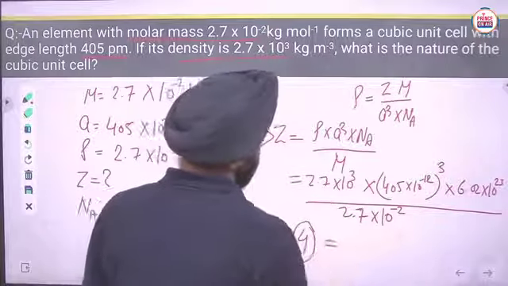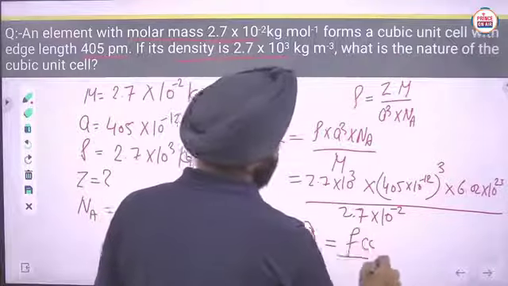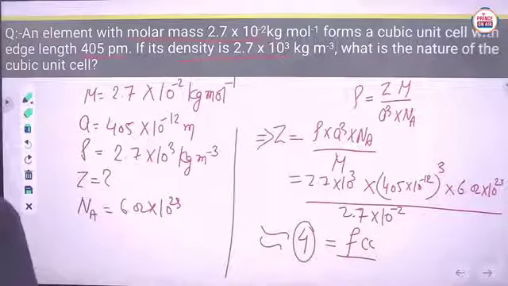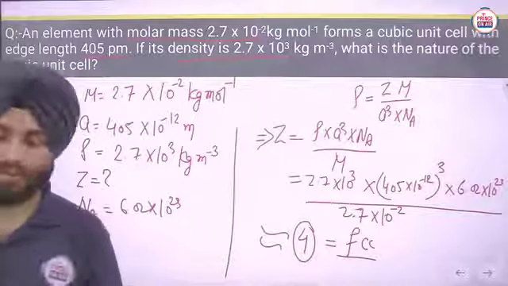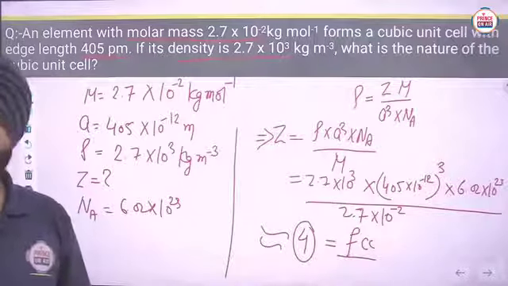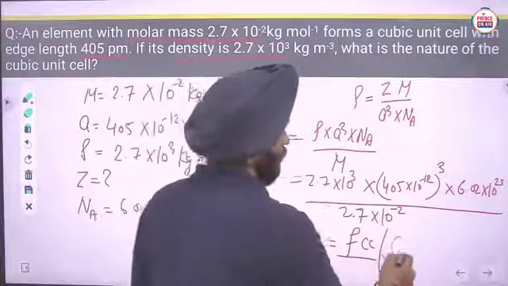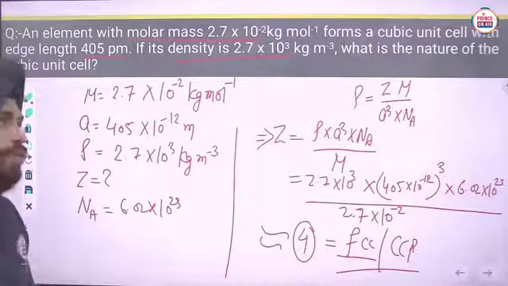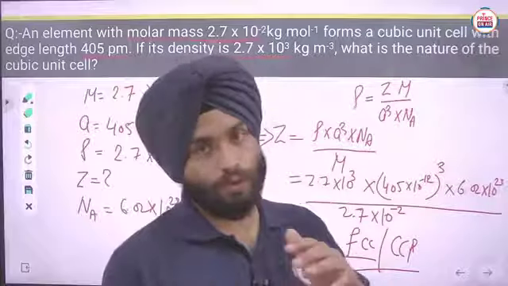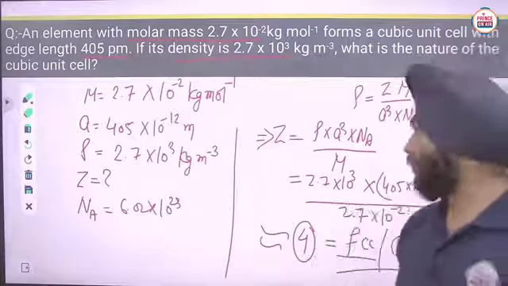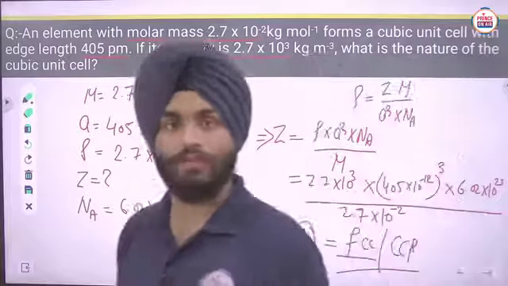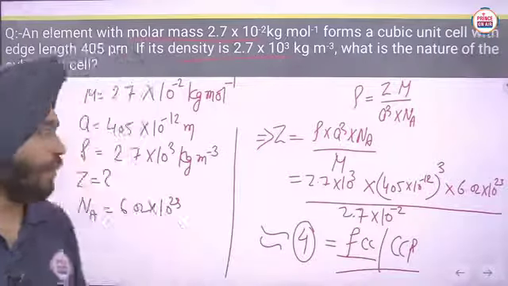If it is 4, it will be an FCC cubic lattice. The nature of the cubic unit cell will be FCC or CCP. Actually the answer comes out to be 3.99, and you can take it as approximately 4. So the nature is equivalent to FCC or CCP.